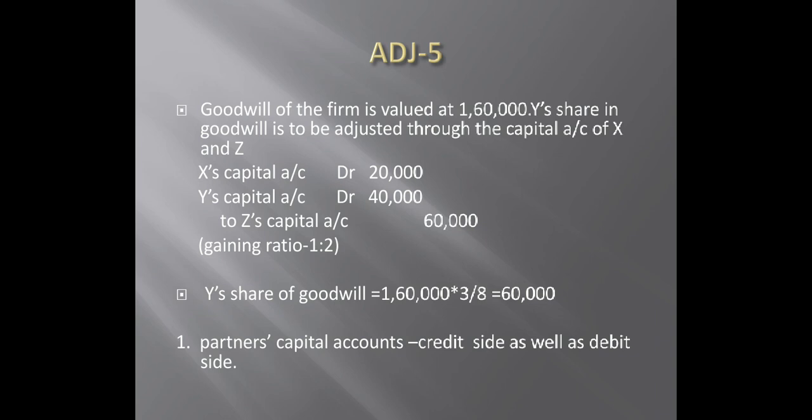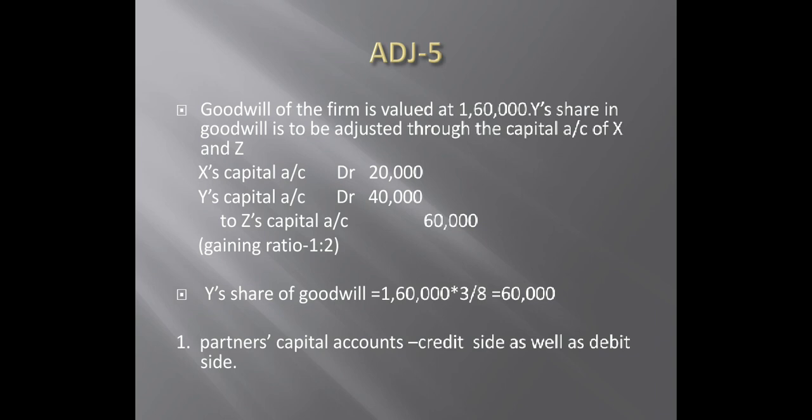Similarly, on credit side, you'll be writing by X capital account, amount in the column of Z, 20,000, then by Y's capital account and amount in the column of Z again, 40,000. Yes? Why we are writing amount in the credit column?